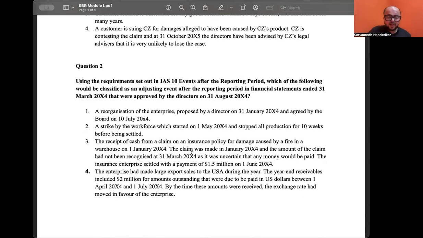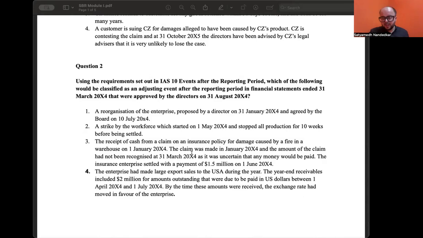The insurance enterprise settled with a payment of 1.5 million on 1st of June 2004. The confirmation by the insurance company confirms a particular value, the conditions for which already existed on the balance sheet date. This is not a new event altogether. The trigger has already happened before 31st of March.